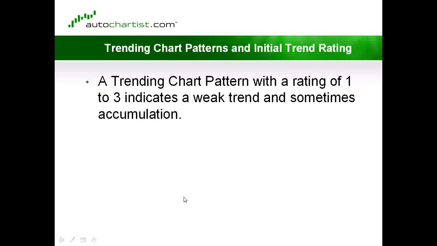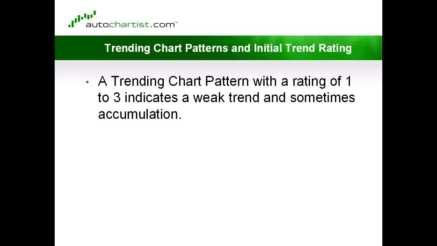A trending chart pattern with a rating of 1 to 3 indicates a weak trend and sometimes accumulation. Remember when we talked before about what a trending pattern is, think of a channel pattern. You can have a wide channel or you can have a narrow channel. What AutoChartist will do is pick up this initial trend rating, and a 1 to 3 indicates possibility of a weak trend.